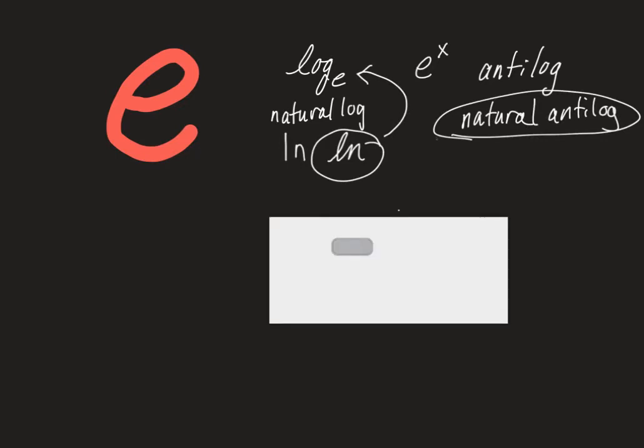You have a button on your calculator that is dedicated to the natural log and the natural antilog. You've already used it, but you have used it as the button that gives you an x in your formulas. However, if you look above it, you'll see capital LN, which is another way of writing it so you don't confuse it with 1n. You will also see an e to the x above that.